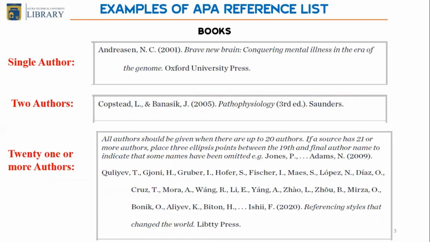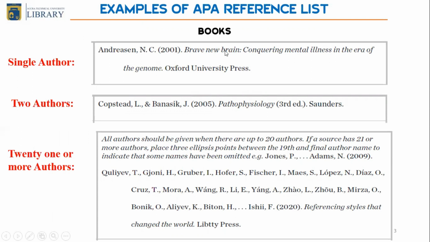Now we have some examples of APA reference list. And what we have over here conforms to the 7th edition of the APA style. Now, when you are referencing a particular book and the book is being authored by one person, this is the format.